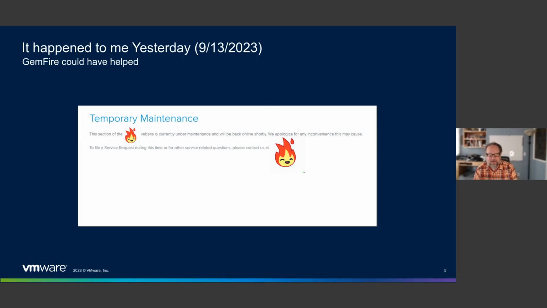Just yesterday, I was logging into a community website that I belong to, and they asked us all to log in, and sure enough, there's the maintenance page. I didn't want to dig into what they are using in the background, because I'm part of the community and could go help out on it. But yes, it happens everywhere. This would be a smaller community, and it still happens. Large communities, we saw it there too.